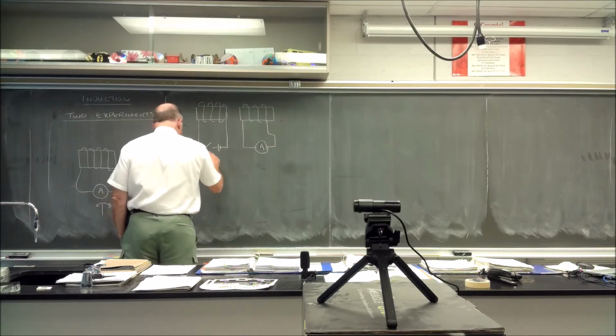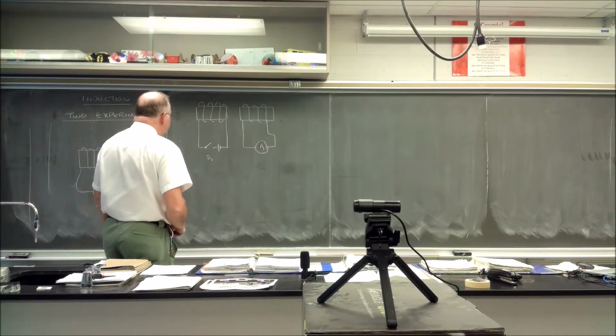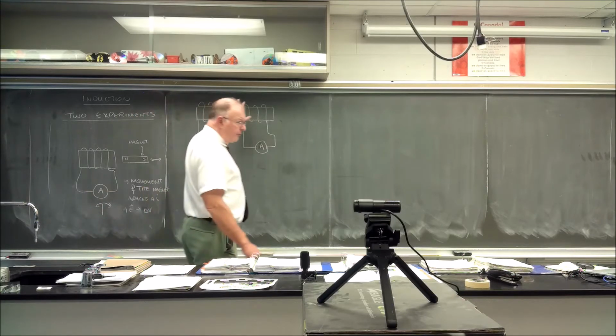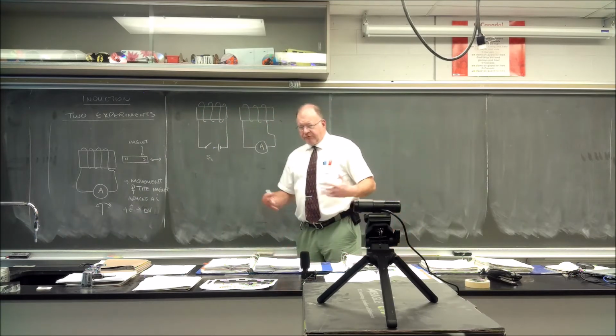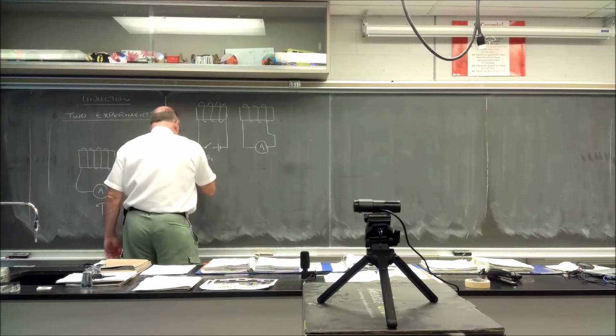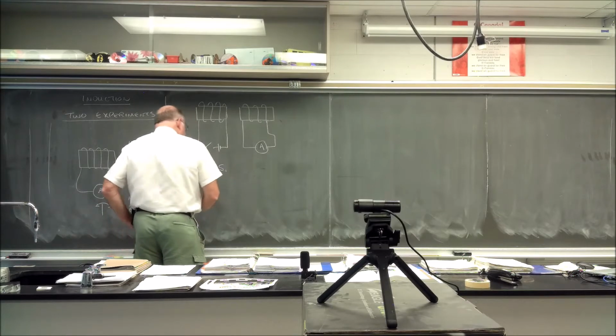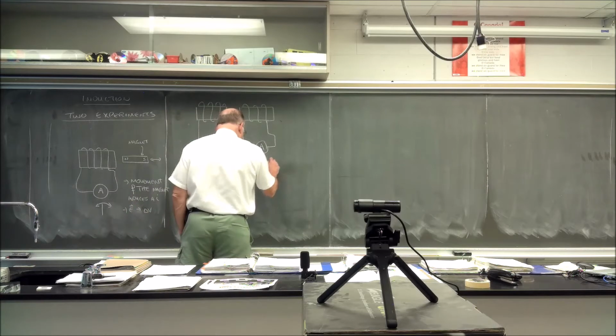So we have a battery, we have switch 1 here, and if we set this up with geometry and enough turns and all the rest of it, because it's a fairly sensitive thing, if we were to cycle the switch, then the current here will go back and forth.